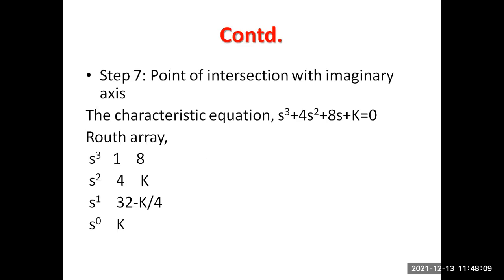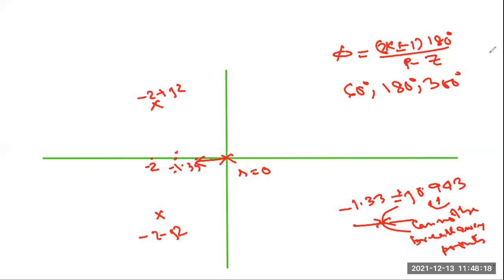Why are we interested in this intersection point? From the pole, the root locus will originate and can move in different directions, depending on the angle of departure or angle of arrival. For this particular case, it is the angle of departure. We'll calculate that later on.